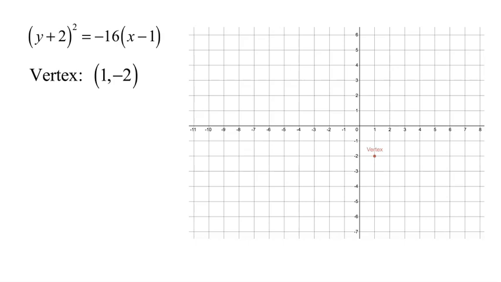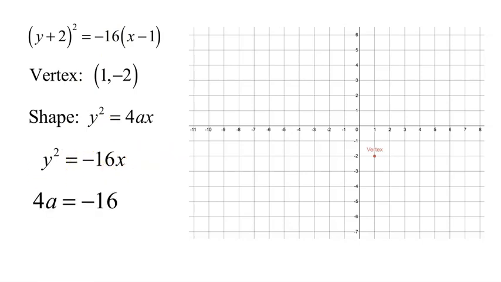You see that. Our shape, again, is y squared equals 4ax. But the 4a has to be negative 16 this time. So our shape is the same as the shape of y squared equals negative 16x. 4a is negative 16, a is negative 4. 4 units away in the negative direction from the vertex.